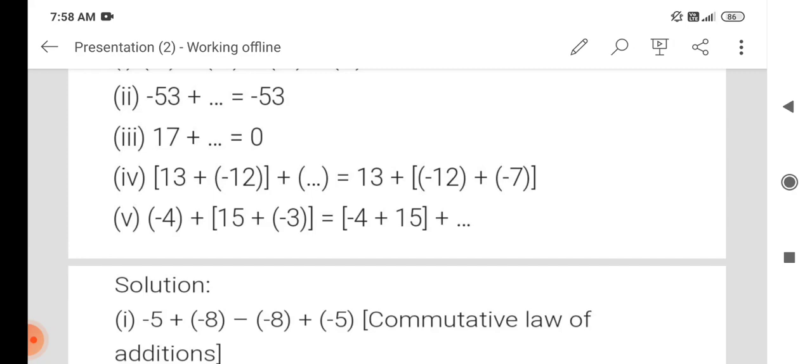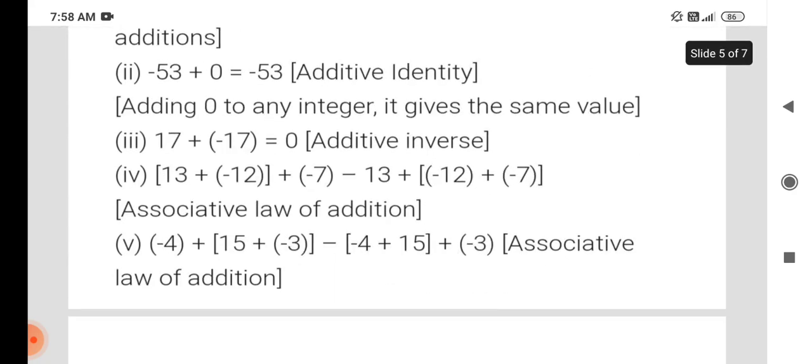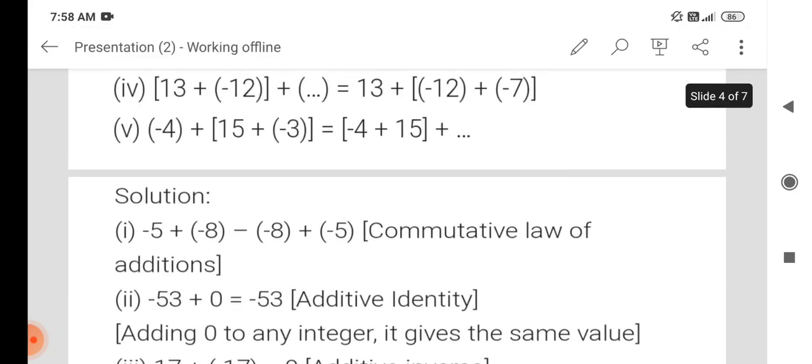Which integer is missing on the right hand side? It's minus 3, so I put minus 3, and it's the associative law of addition. Okay, that's it. I hope I cleared everything, and if you have any doubt, drop your message in the comment box. Bye bye.